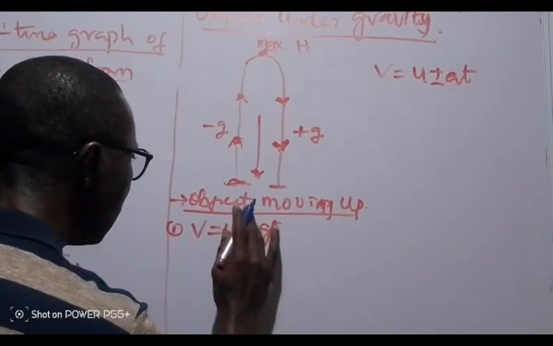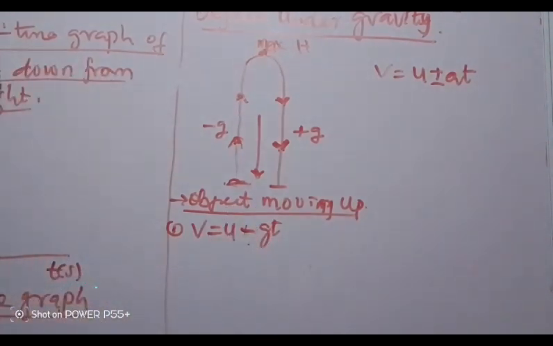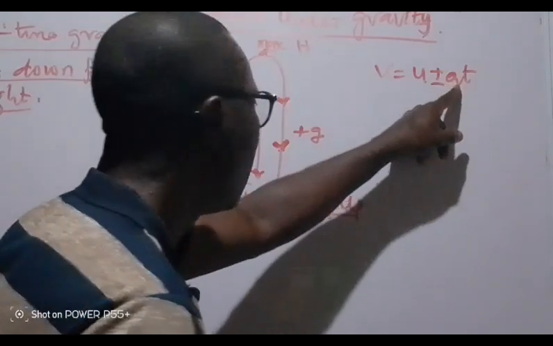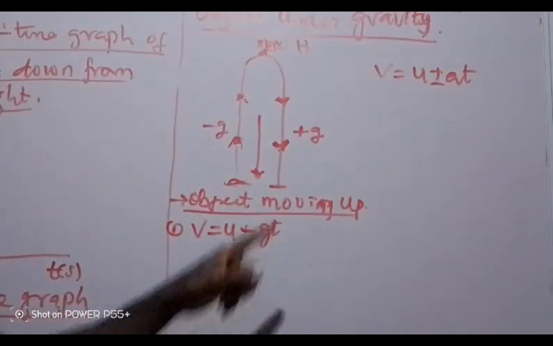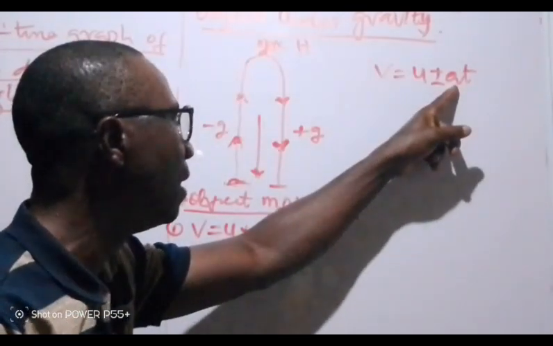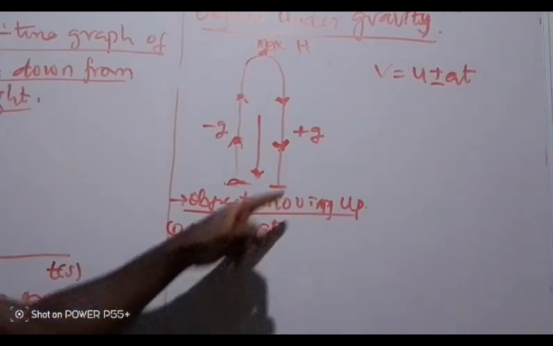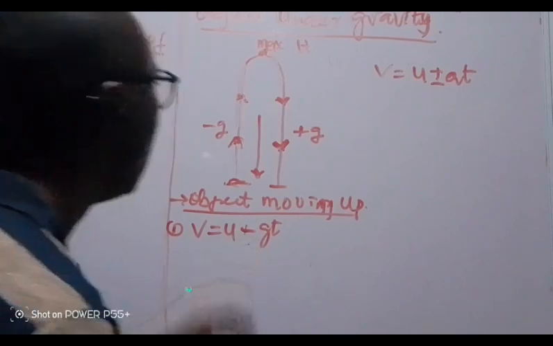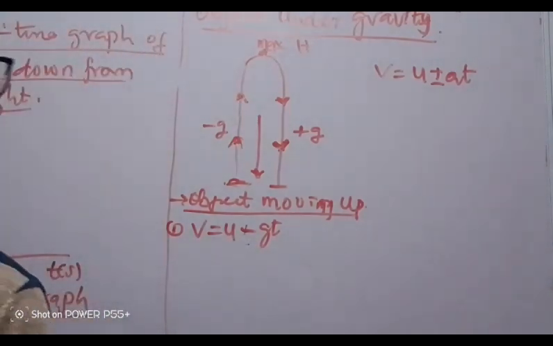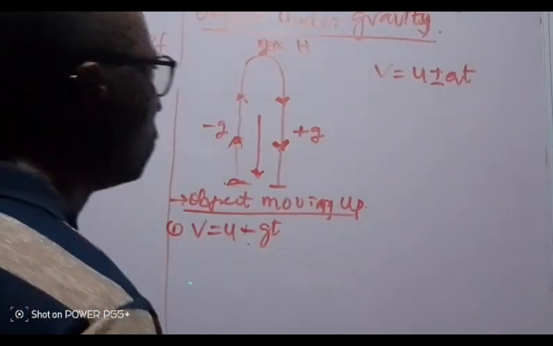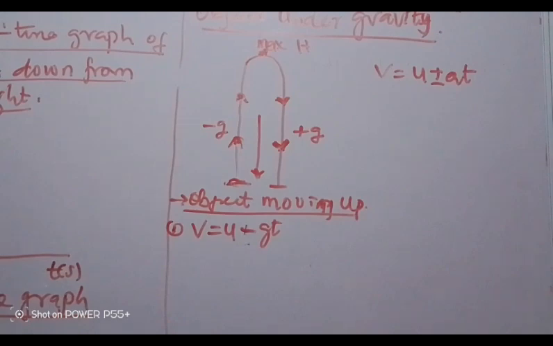You notice something: our a here is changed to g, because there it is linear acceleration, and here we are talking about acceleration due to gravity. So all the equations that we are going to write here are from linear equation of motion, but the only difference is that where we have our a for linear acceleration, we change it to g.